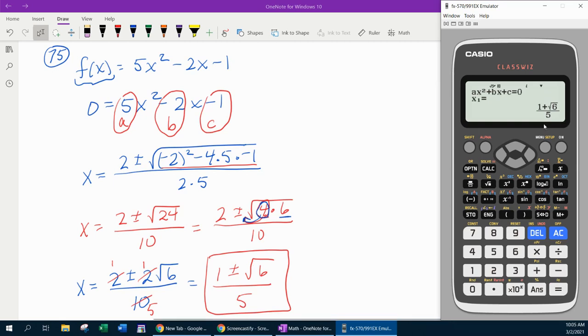Now, another neat trick is if you're using the ClassWiz solver and you need this approximate, just hit the SD button immediately. Look at that. Bam. Back and forth. How sweet is that? And if I hit equals again, there's the second solution. Bam, as a decimal. Man, this is a nice calculator. Can't get over how nice this calculator is.